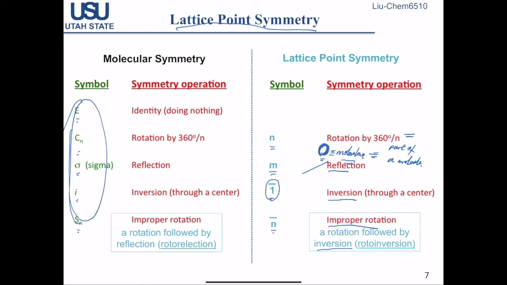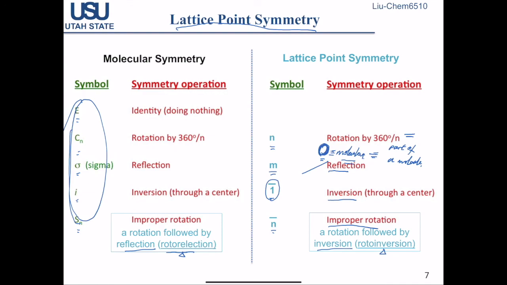For molecular symmetry, improper rotation is defined as rotation followed by reflection. We can call it rotation-reflection. But for improper rotation in lattice point symmetry in crystal structure, we call that rotation-inversion. They are different.